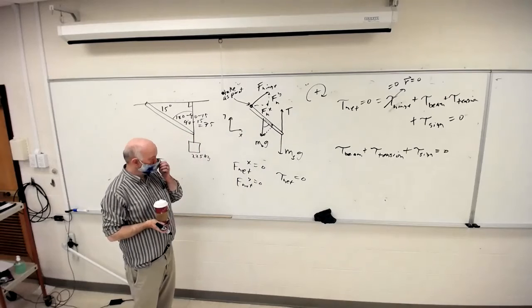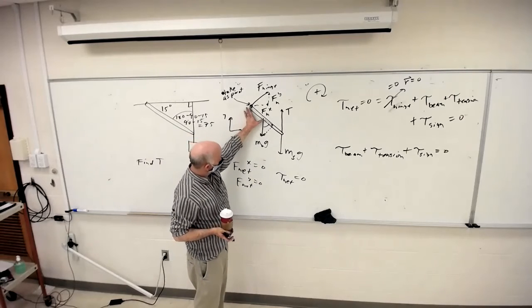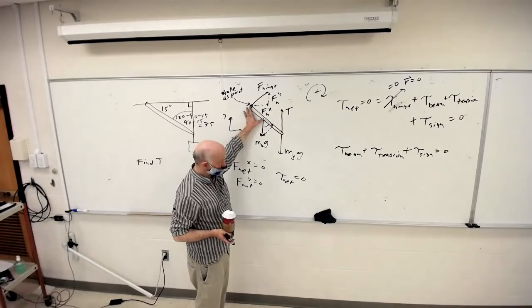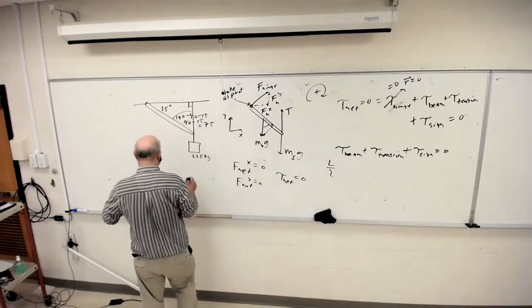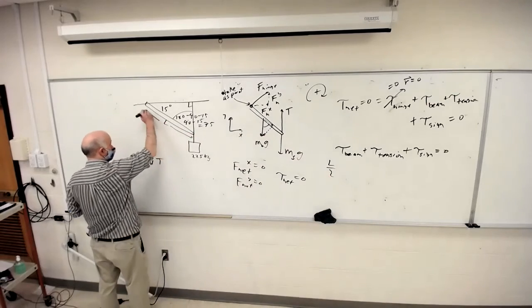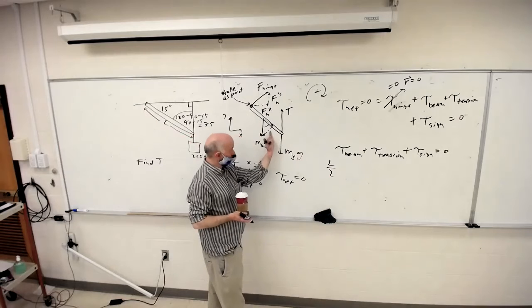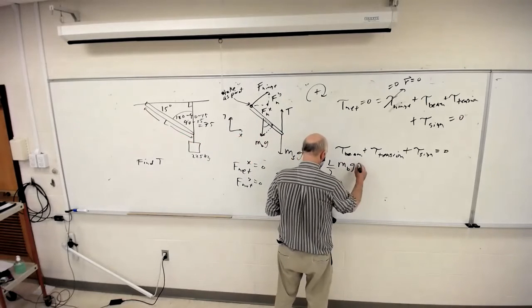Okay. So what do I have then for the torque of the beam? I take the L here, L over 2. I'm saying this whole thing has length L, so that's L over 2. Then I need this perpendicular component here, because of rotation. MG sine 75.